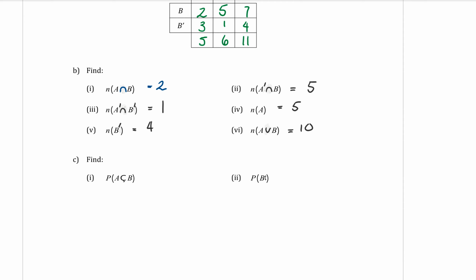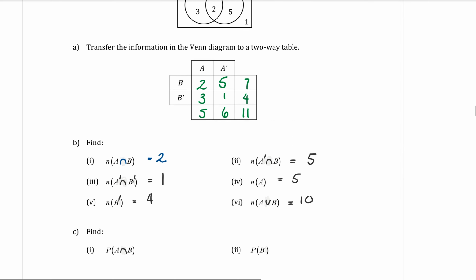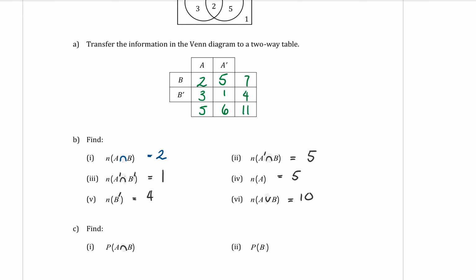We want the probability now. The first one is, what is that symbol? A and B. And meaning has to be both. Let's move the screen back. Oh, can we just see the Venn diagram there? Yep. How many things are A and B?